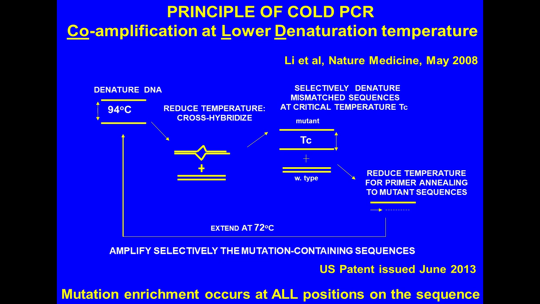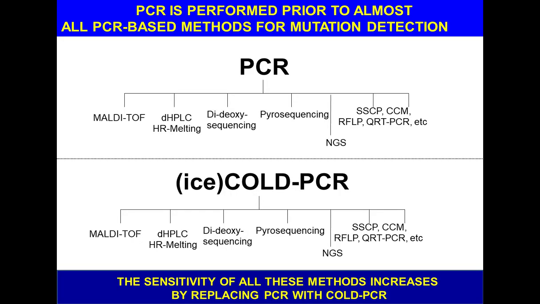So as a result, COLD-PCR can be combined with endpoint technologies for mutation detection that detect mutations anywhere on the sequence, and that's the only technology that can do that, like sequencing, for example, or high-resolution melting.